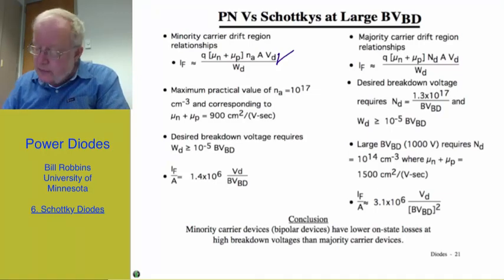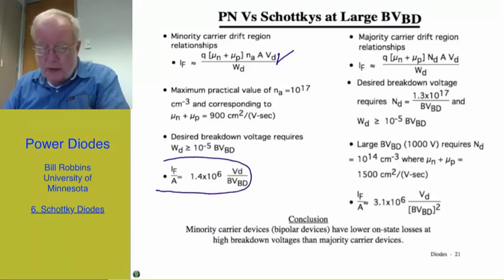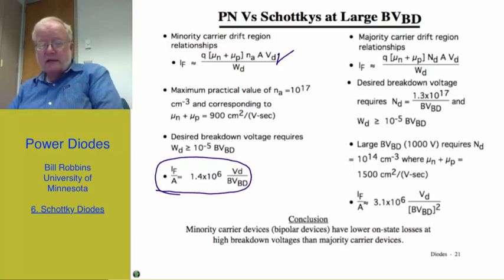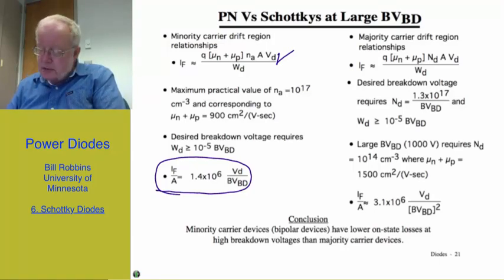Putting all of that information into the equation for the forward current, and then dividing the forward current by the area, we have this relationship. For bipolar devices, or minority carrier devices, which make use of conductivity modulation, the current density is equal to a numerical factor of about 10 to the 6th times the maximum allowable drift region voltage that you want to have, divided by the breakdown voltage.